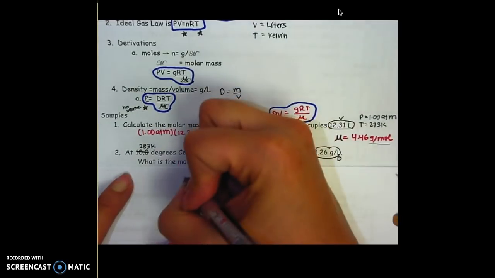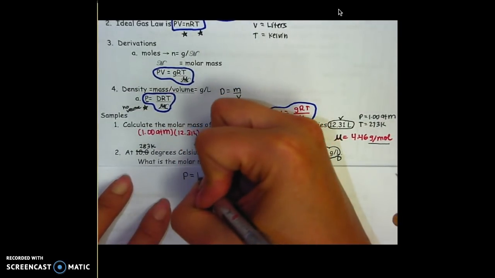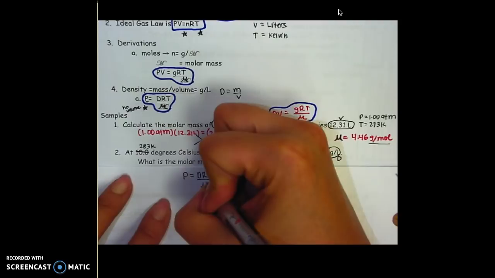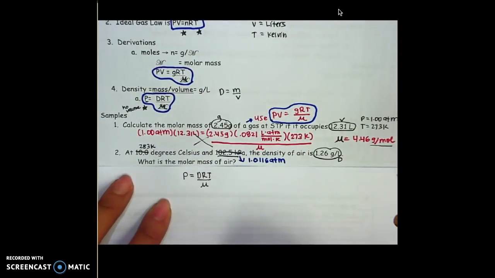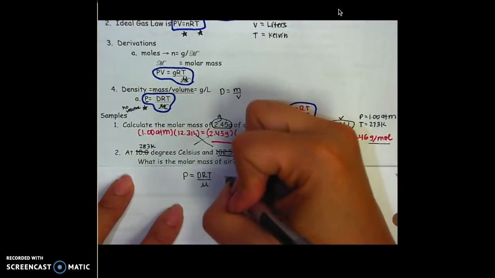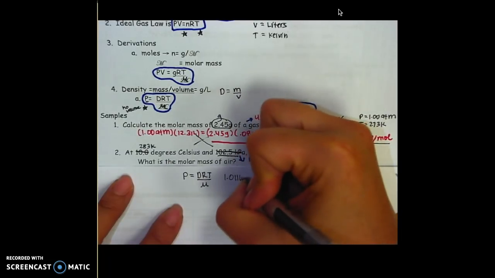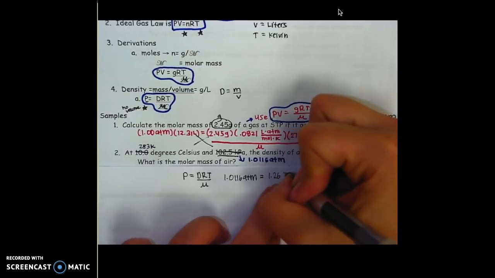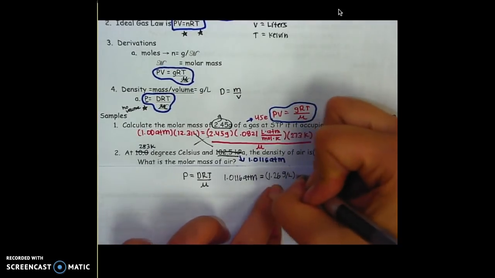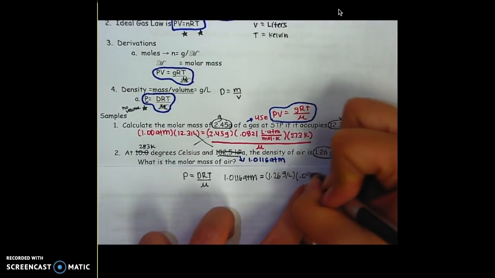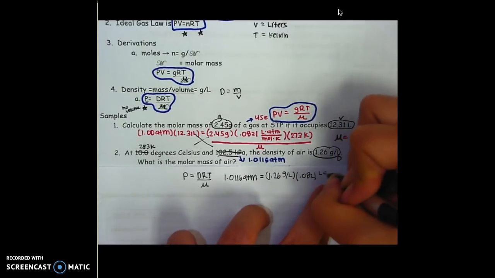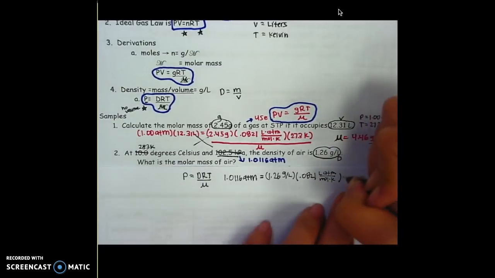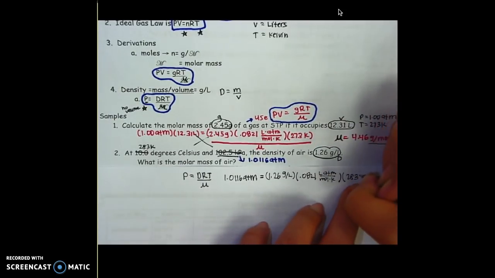Okay, so this one I'll plug in with you guys. It's P is equal to dRT over molar mass. Let's plug in. My pressure is 1.0116 atm. The density is 1.26 grams per liter. The R constant is 0.0821 liter atmospheres over moles K. And temperature is 283 Kelvin.